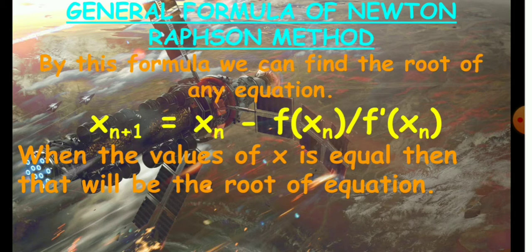It keeps changing. For finding the root of the equation, we have to keep finding approximate values until the values x1, x2, or xn minus 1 and xn become equal.